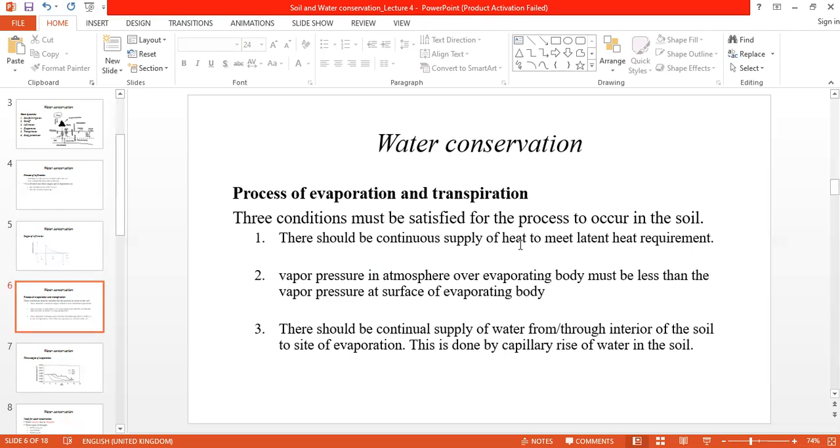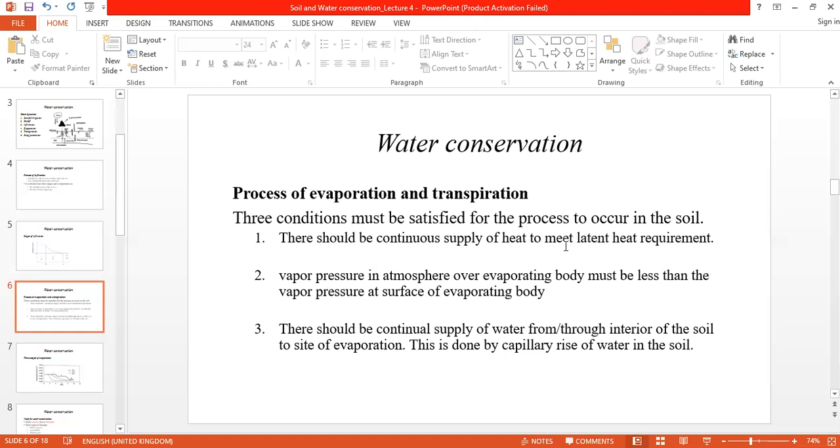soil. So 3 conditions should be met for the process of evaporation to occur. First of all, of course, you need to have heat to warm the water. So if you have sunlight, it will start warming the water in the soil and the water will start to turn to gas.